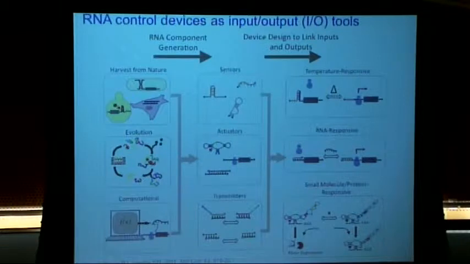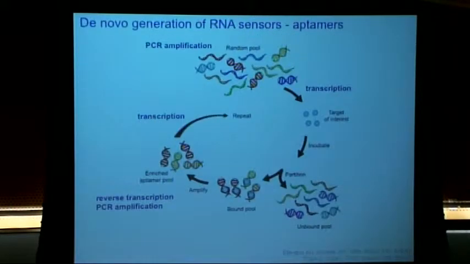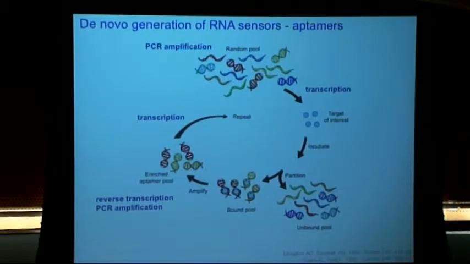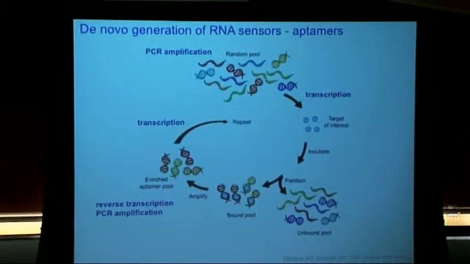Researchers have shown that you can develop these sensing actuation RNA molecules that can respond to a wide variety of inputs, including temperature, other RNA molecules, as Jim was mentioning, and small molecule and protein responsive devices. My laboratory in particular has looked at the bottom corner of this, and that's the examples that I'll focus on today.